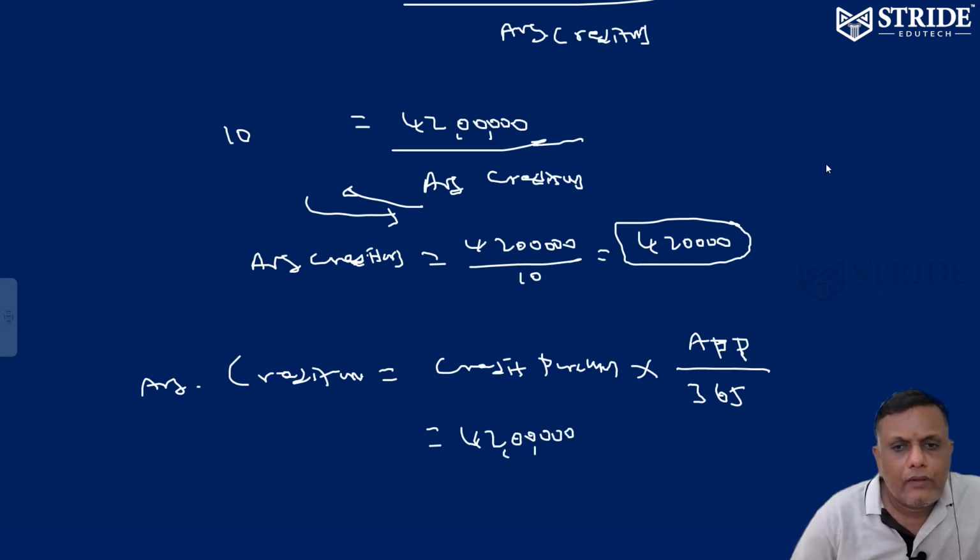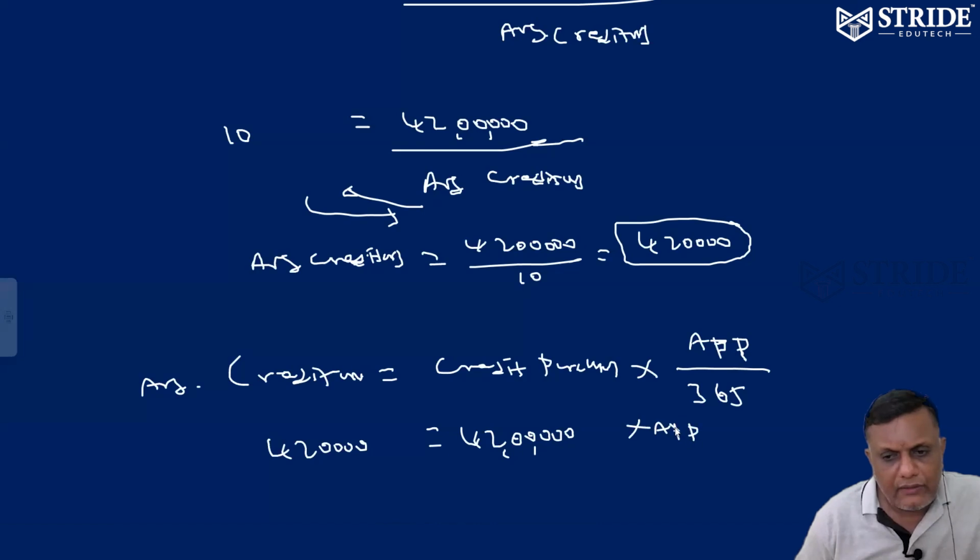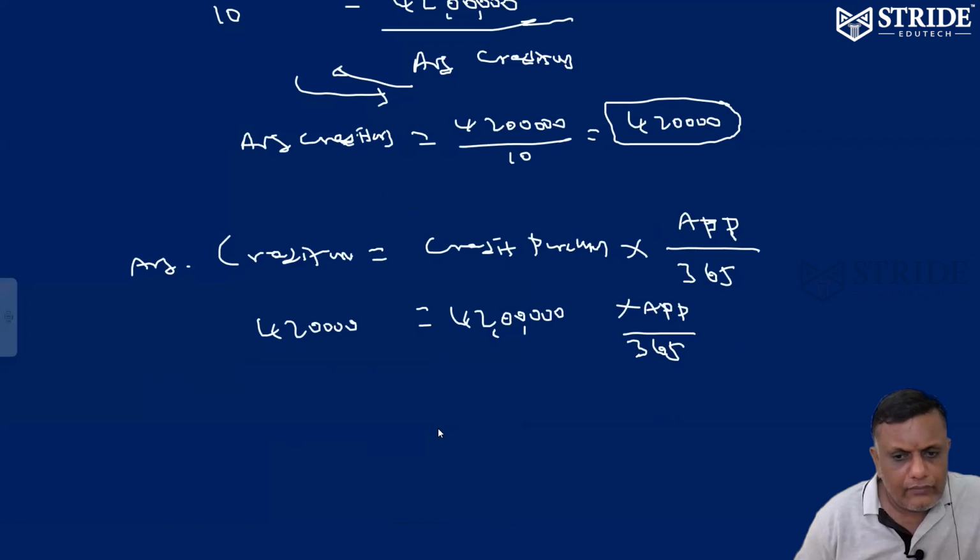What is average creditor? 4,20,000. The average payment period is missing. So can you cross multiply?